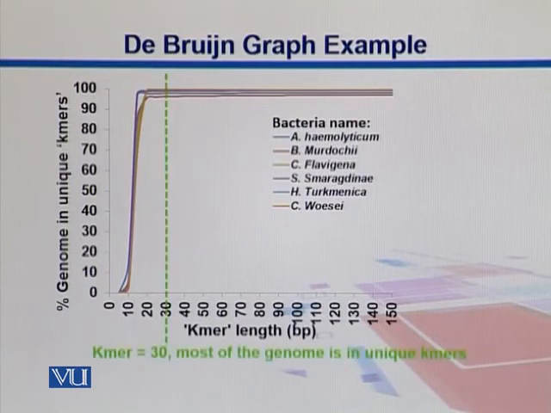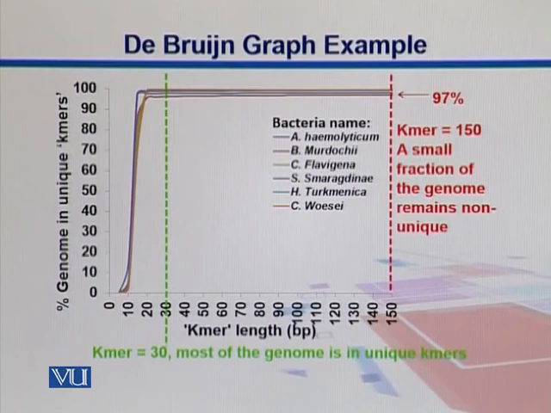Up till K30, most of the genome is in unique Kmers. And if we increase up to around Kmer size of 150, still you cannot capture the whole genome. Still there is some genome that remains non-unique. So increasing Kmers might not be the most optimal solution. It can be approximate, but generally you can use K values around 30.